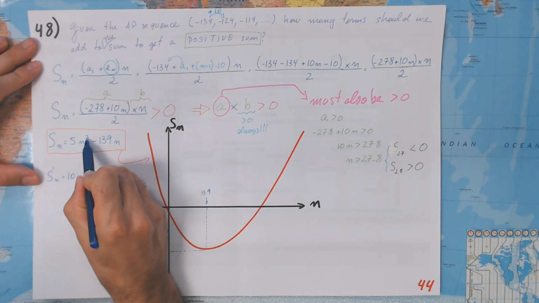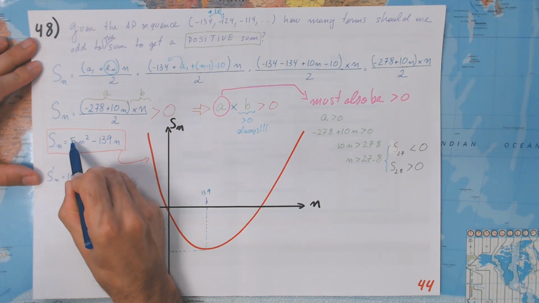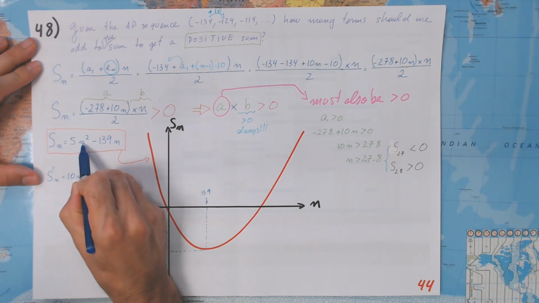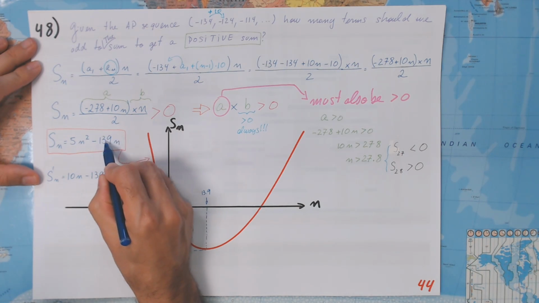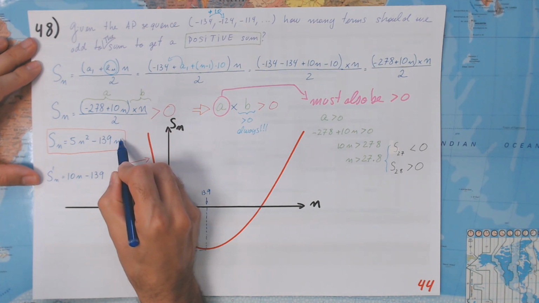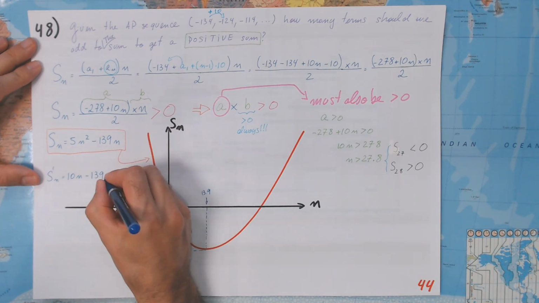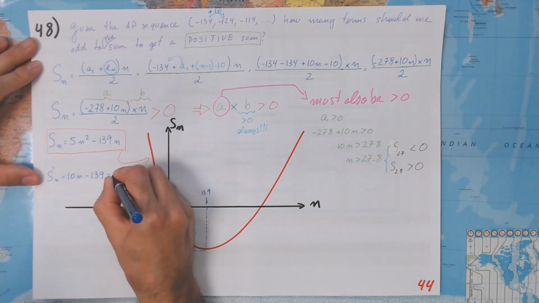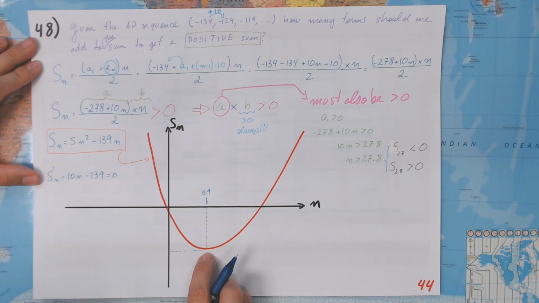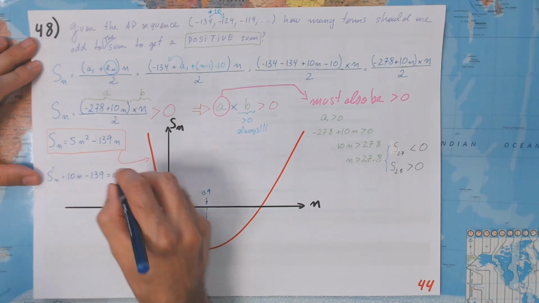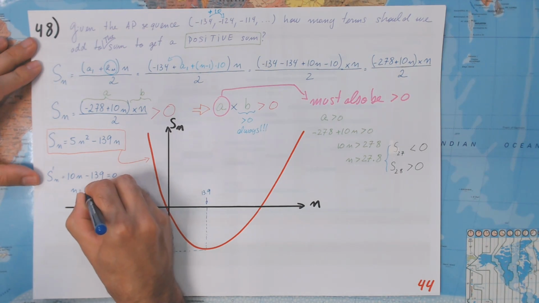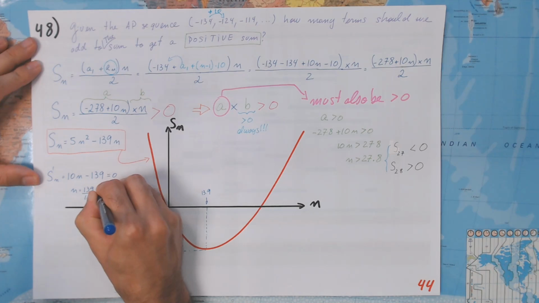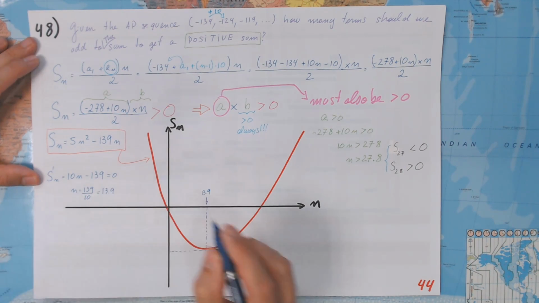What am I doing? That 2 I'm bringing into here, so it's 5 times 2 and n to the power 1. This n goes in here, multiplied by 139, and then n to the 0. You don't have to know this, okay? But when this goes to 0, it means we are going to have this flat part in here, and therefore n is going to be 139 divided by 10, which is 13.9, okay?